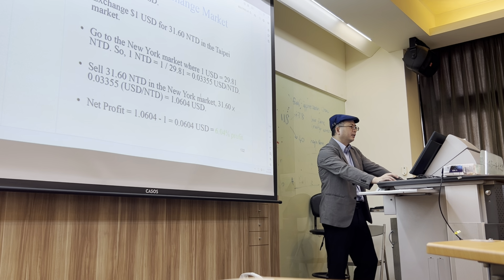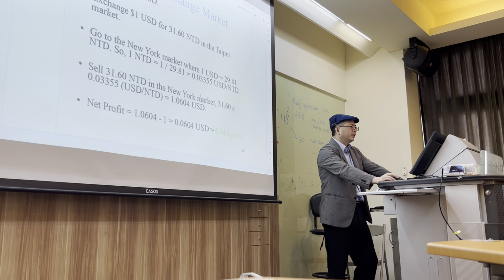Now, let's assume we have the following example. We have the exchange rate in Taipei for the euro, and also we have the cross rate between the Japanese yen and the euro, which is about 131.99 Japanese yen per 1 euro.